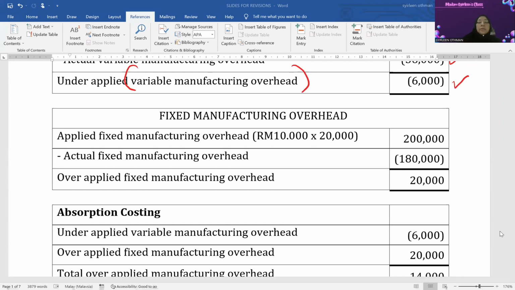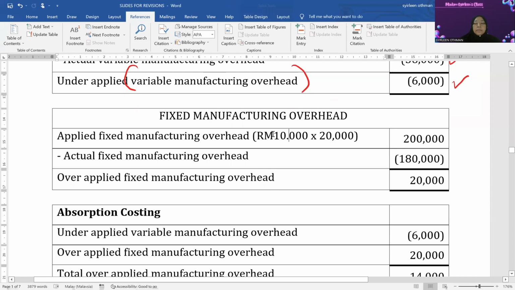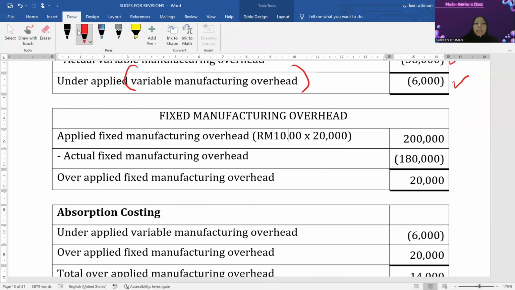You calculated just now, the POR is 10 ringgit. You have an extra zero there, sorry. So this is actually 10 ringgit. So 10 ringgit multiplied by the actual unit produced, which is 20,000. You get the amount of 200,000, and your actual fixed manufacturing overhead is given in the question, 180,000. So you have an over applied fixed overhead of 20,000 ringgit.